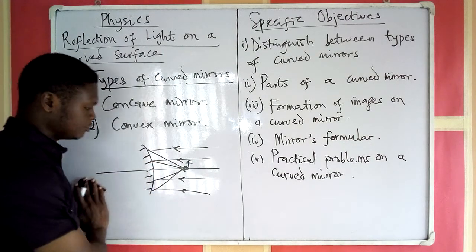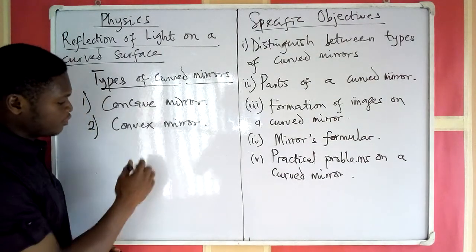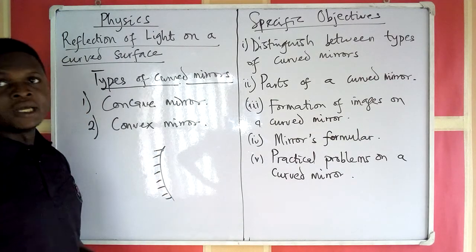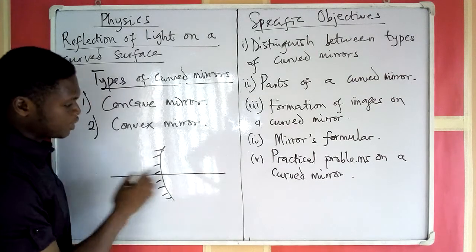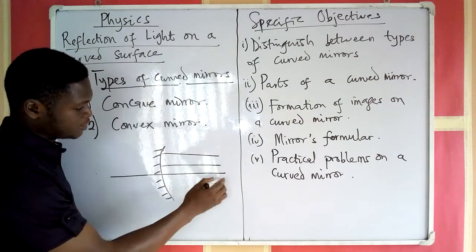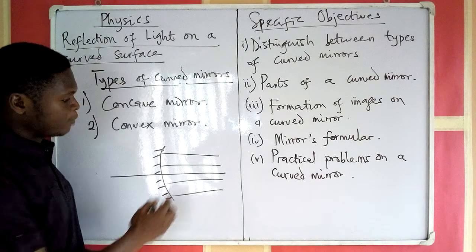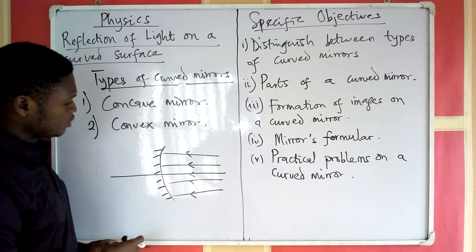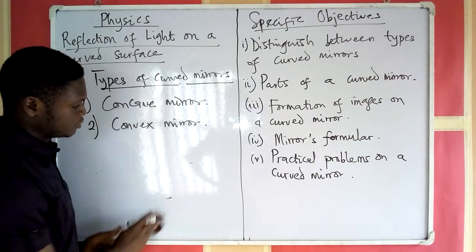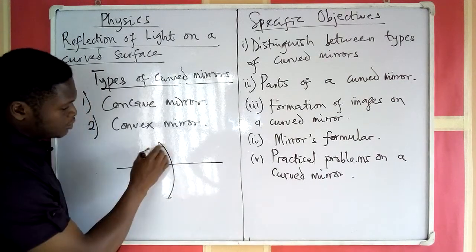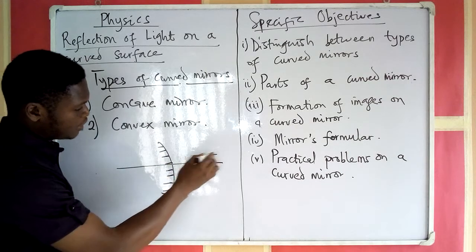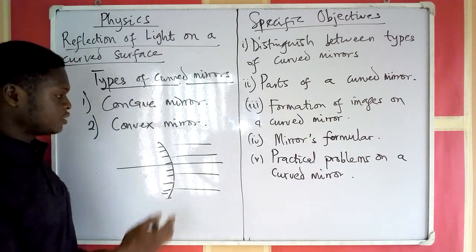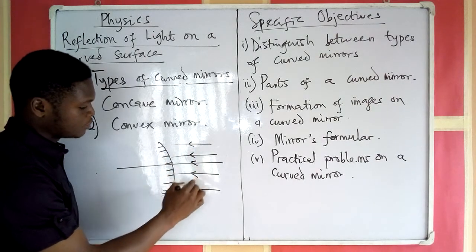So also talking about the convex mirror, it is coated behind. So when we have the principal axis and we have parallel rays of light falling on them, it will have the ability to diverge the rays of light, and this is the direction of the parallel rays of light.